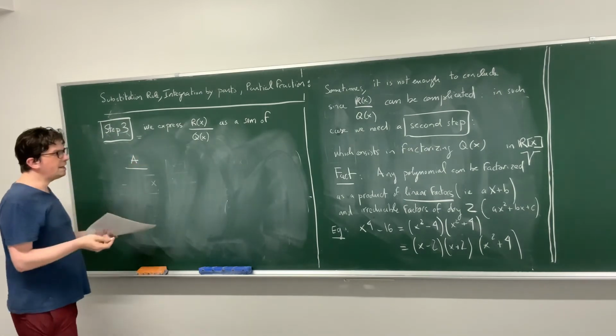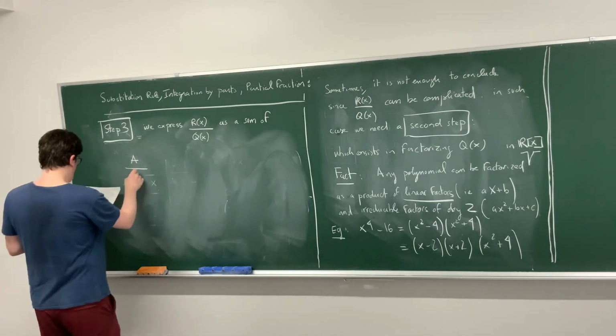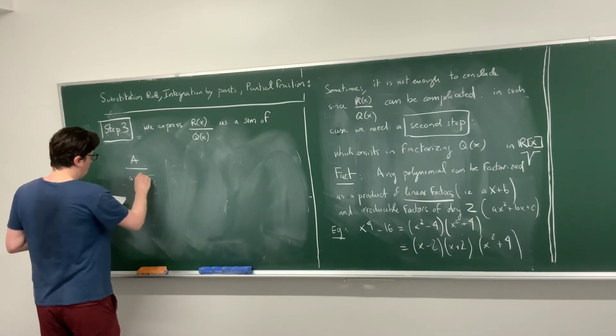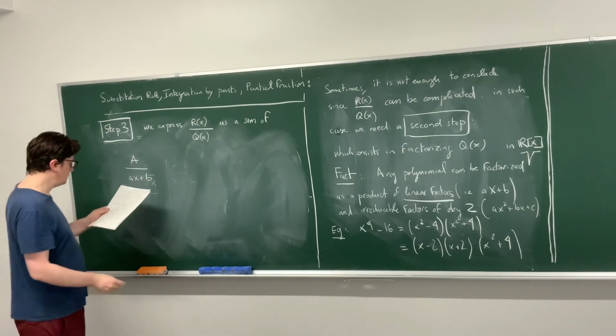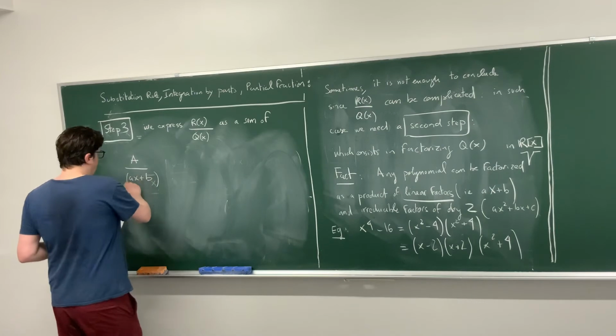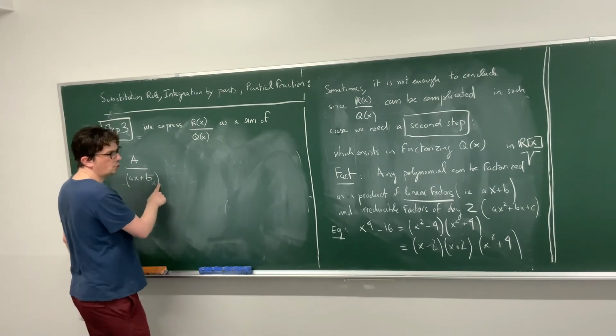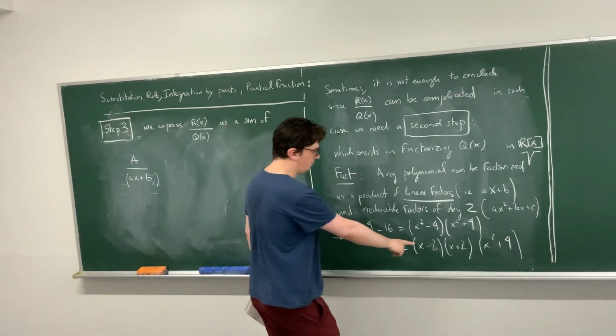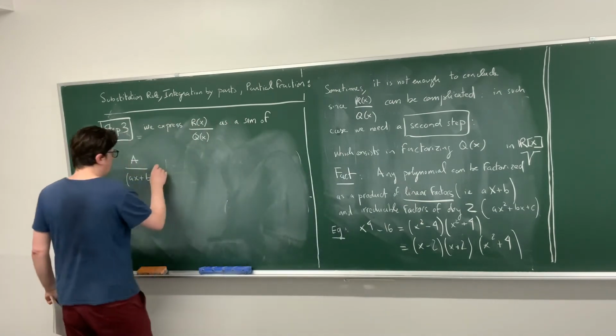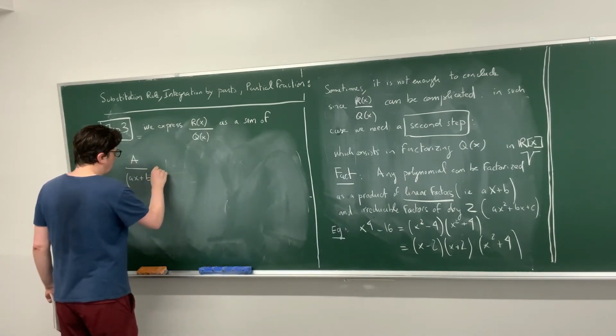So the linear factors, you will be able to write them like this, right? Ax plus b. You will have terms like this. If they repeat, of course you can have the same linear factor several times, in which case you will have something like that, to some power i.